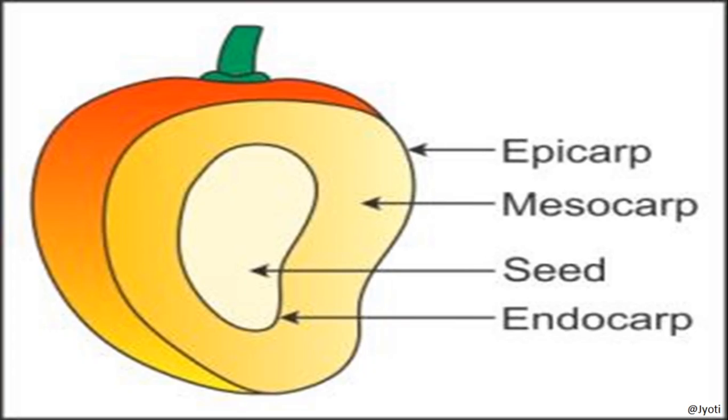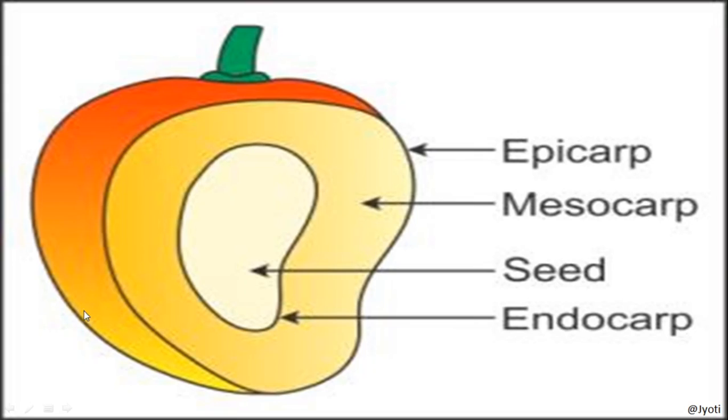So here in this picture, it is very much clear what are the different layers of pericarp. You can see that at the center the seed is there, the white color structure is seed, and the seed is surrounded by the seed coat, and immediately above the seed the endocarp is there. Then you can see the yellow portion that is thick and fleshy, and that is the mesocarp.